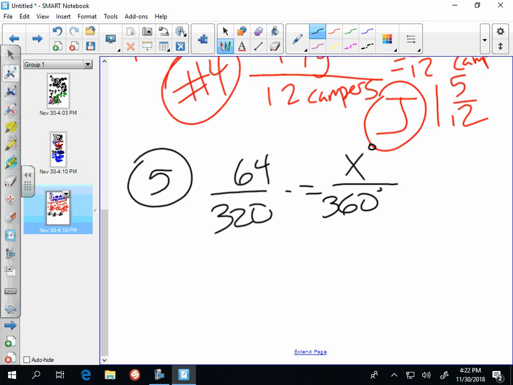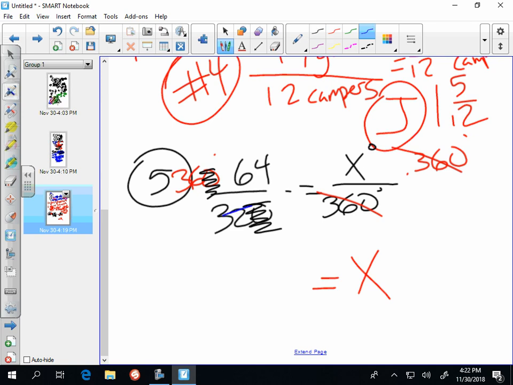Well, I don't know. So I'm going to multiply both sides by 360. And I'll see that these cancel. I'll have x by itself on the right-hand side. There's some canceling I can do on the left. I can start by taking off these zeros, dividing top and bottom by 10. I also notice that 4 goes into 36 9 times, and 4 goes into 8 2 times. Ooh, look, and then this 8 can cancel with that 8.